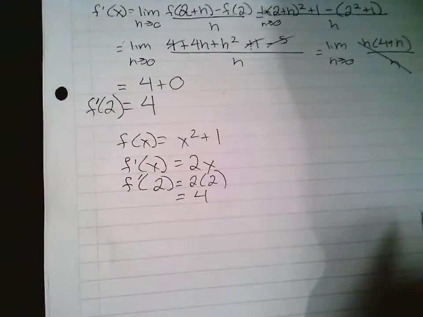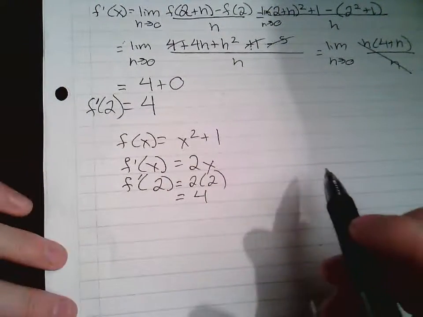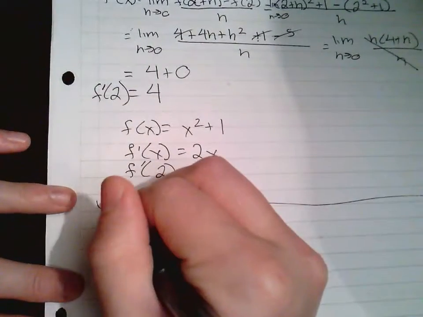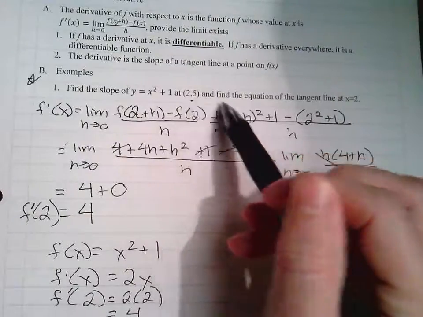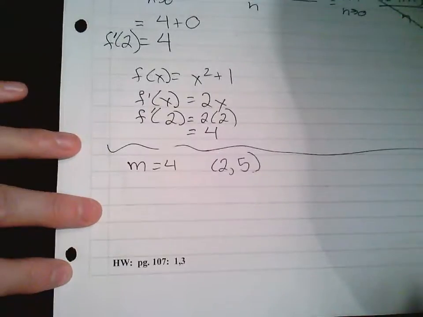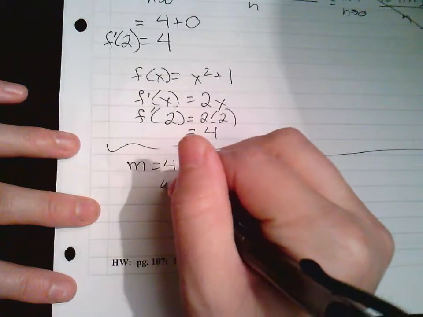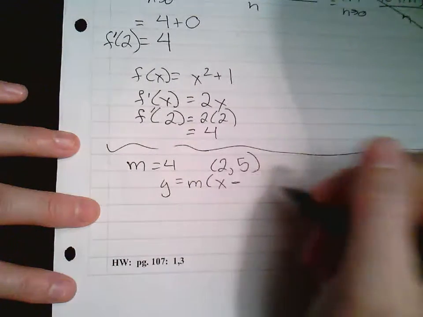Let's go to the second part of the question, which is to find the equation of the tangent line. To find it, you need a slope, which we got, which is 4, and a point. We also have our point of (2, 5). Point-slope form, I do mine like this: y equals m times x minus x1, plus y1.